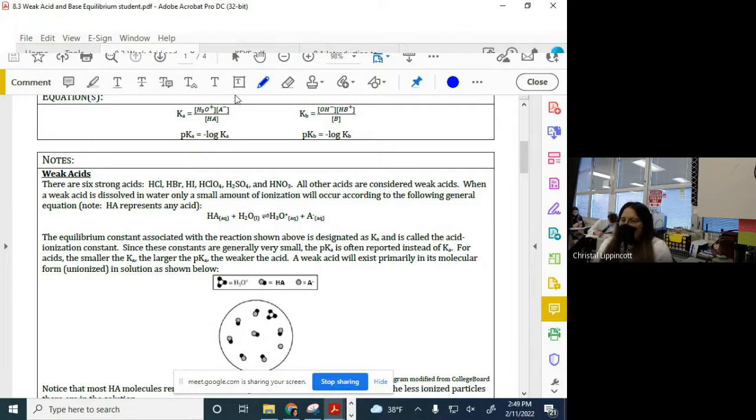All right. We've talked about our 6 strong acids. Anything else is considered weak. So if we have a weak acid and it's in the presence of water, we have our back and forth arrow, meaning that we're going to be on both sides of it here. It's going to produce hydronium ions and it's going to produce a negative anion here.